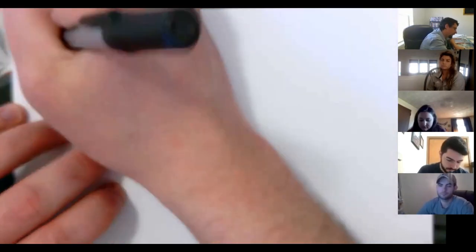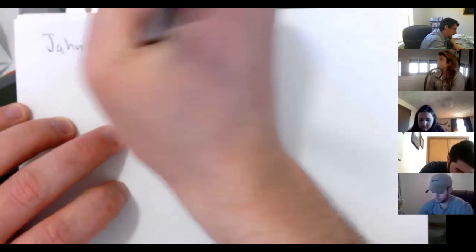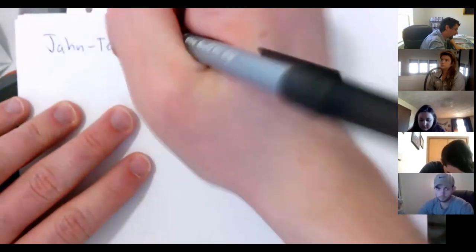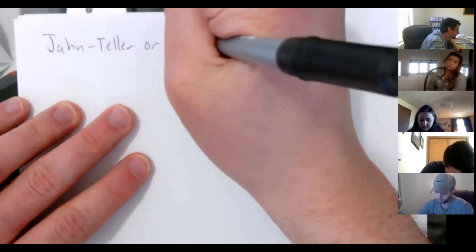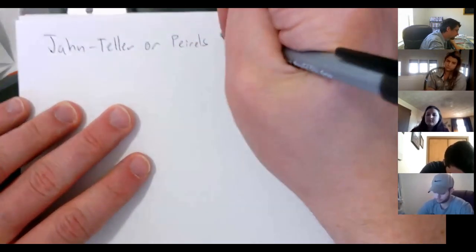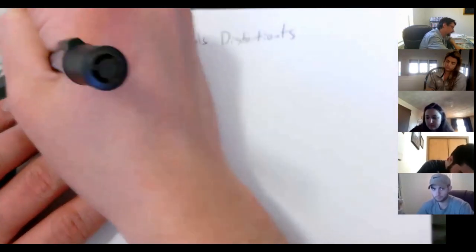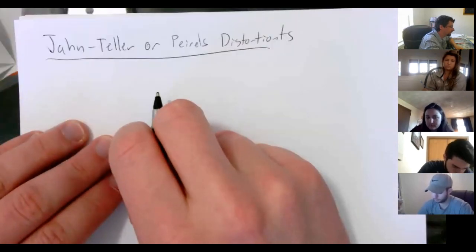To do that, we're going to talk about Jahn-Teller distortions. Physicists call these Pyrrhus distortions, which I think I misspelled, so don't quote me on it.